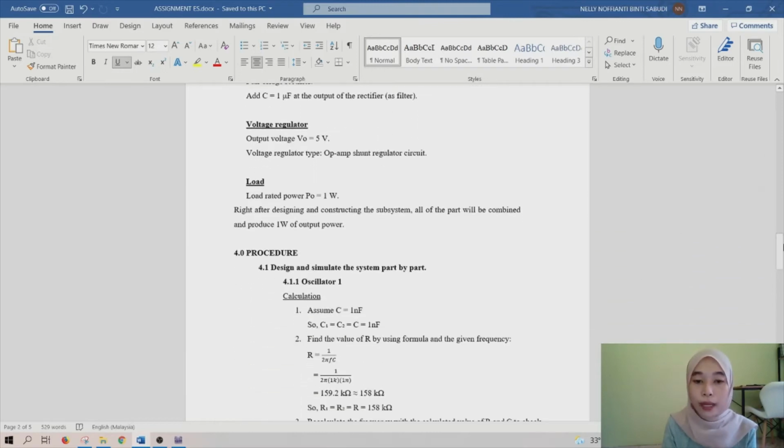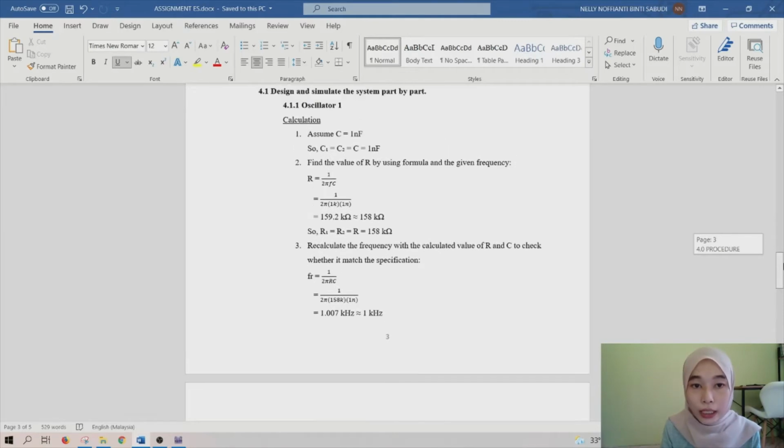As for my part, it is oscillator 1. So this is my calculation. I assume C as 1 nanofarad, so C1 and C2 equal C, which is 1 nanofarad. Next, I am going to find the value of the resistor, using the original formula for finding the frequency.